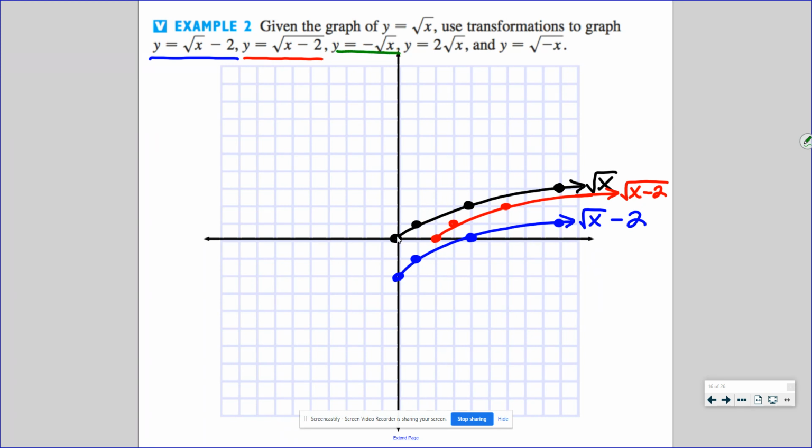Negative in front of the radical is going to make that function flip.